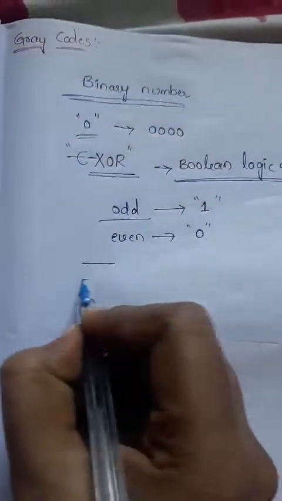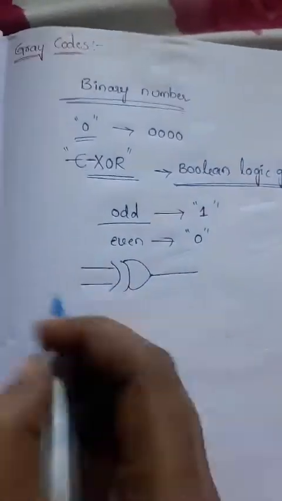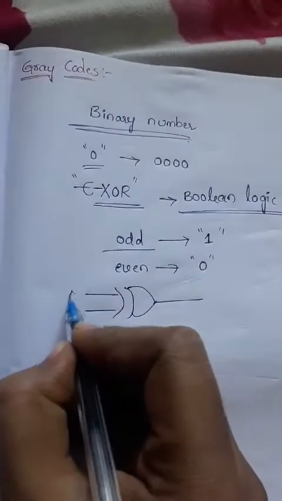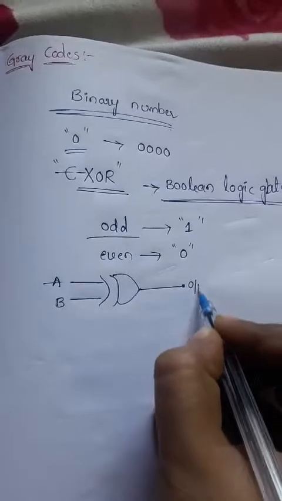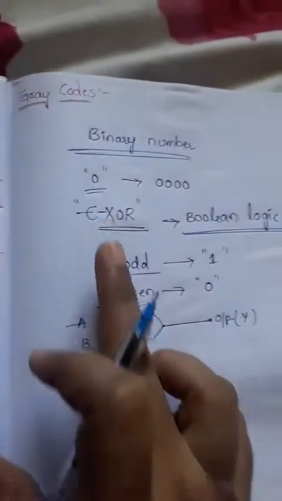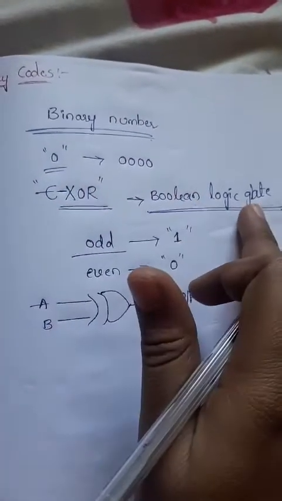Just observe the XOR gate diagram. This is the XOR gate. It has 2 inputs and a single output, which we can call Y. This is the symbol of the Boolean logic gate.